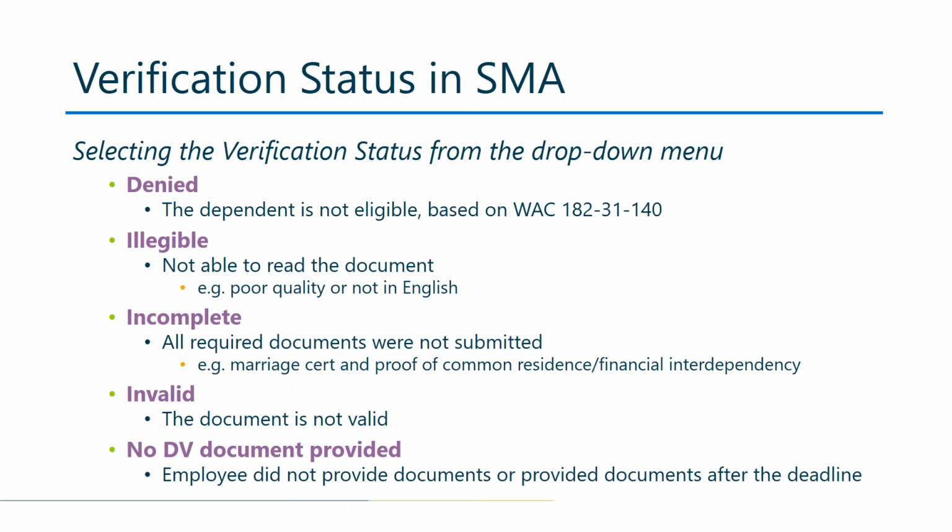Maybe they only submitted a marriage certificate and didn't provide that extra proof of common residence or financial interdependency. There's invalid, the document is not a valid dependent verification, or there's no DV document provided. So they did not provide the document, or they provided it after their eligibility window.